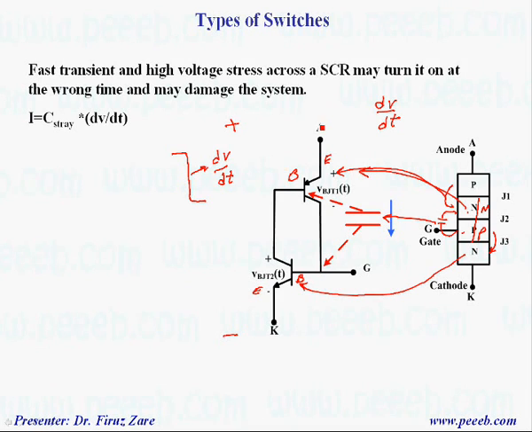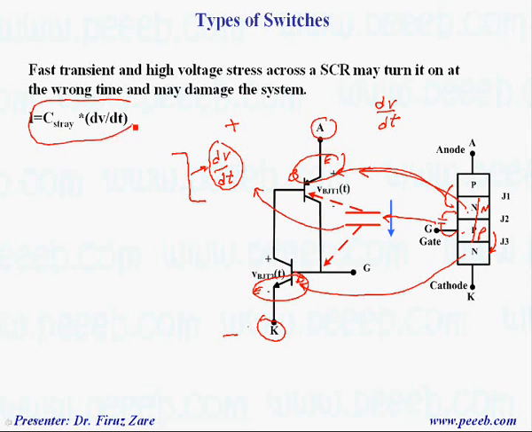So in this configuration, when we look at anode and cathode, this voltage drop is negligible, so if we have significant dv/dt because of this capacitive coupling, we may have significant leakage current, and this leakage current can be defined as a gate current, which may turn on the thyristor.